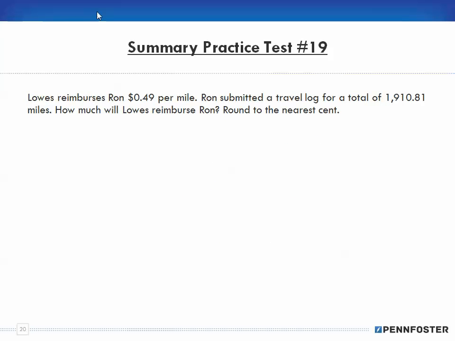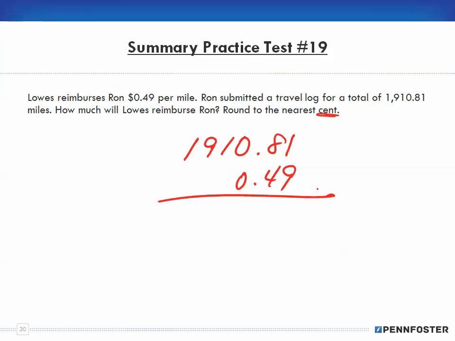Number 19. Lowe's reimburses Ron 49 cents per mile. Immediately I'm thinking how many miles, so 49 cents times the number of miles would give me a total. Ron submitted a travel log for 1,910.81 miles. How much will Lowe's reimburse Ron? And I'm rounding to the nearest cent. So if I have 49 cents per mile, I multiply one times the other.